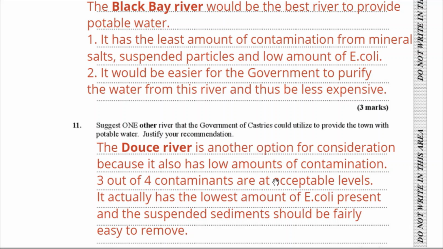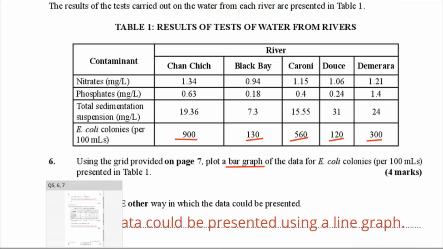So even though it may have large amounts of suspended sediment, let me just go back here to the table. So we're looking at the Deuce River. So you see here that it has the lowest amount of E. coli colonies. The nitrates and the phosphates levels are low, so they are acceptable. So these three out of 4 of the contaminants are at acceptable levels.